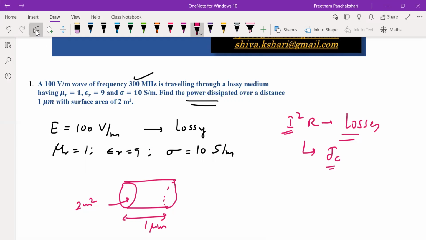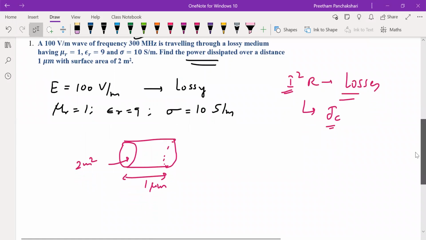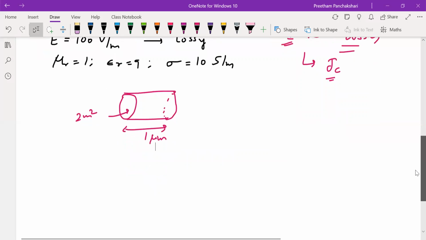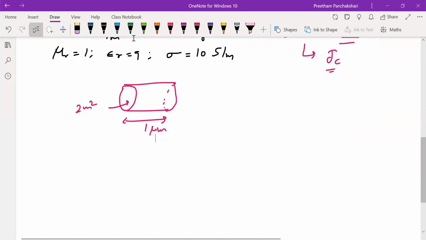This is the dimension of the lossy medium under consideration. So we have to find the power dissipated, and power dissipated is discussed in the Poynting theorem. So recall the Poynting theorem.